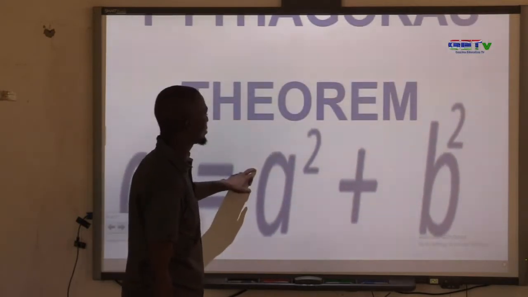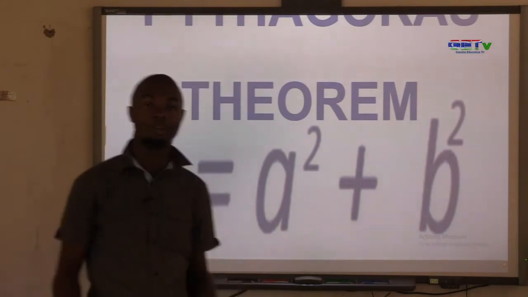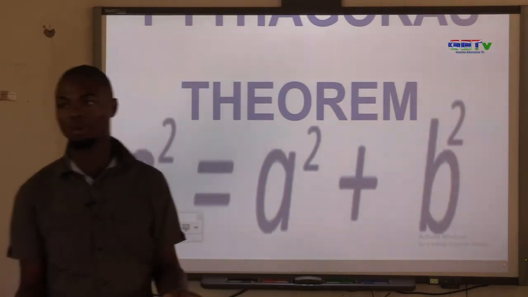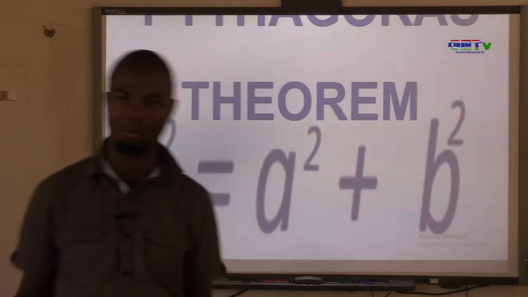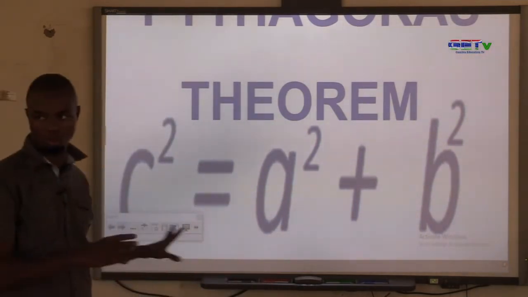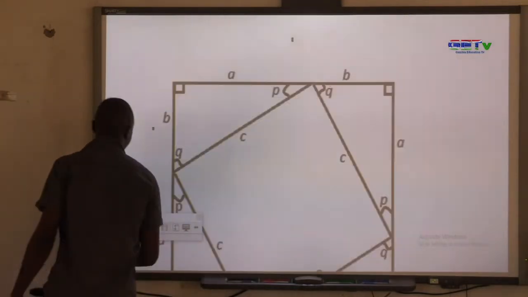What is this c square? We will find out how it happens. This is only applicable on a right angle triangle. When the triangle is not a right angle triangle, this does not work. The Pythagoras theorem is only applicable on a right angle triangle.